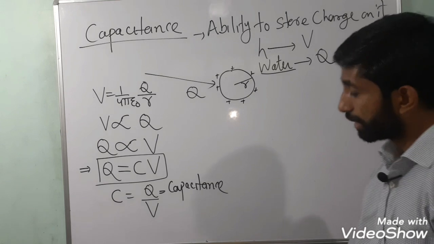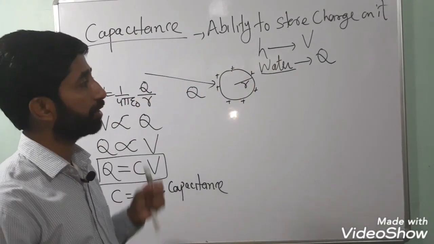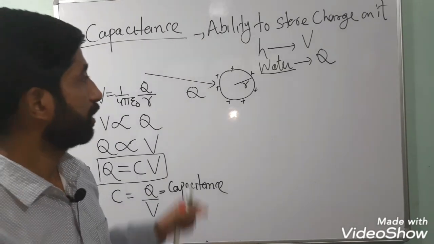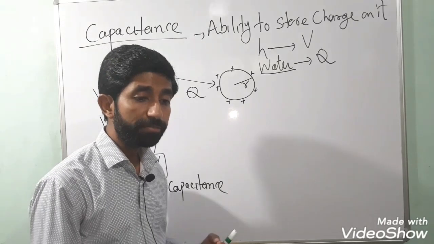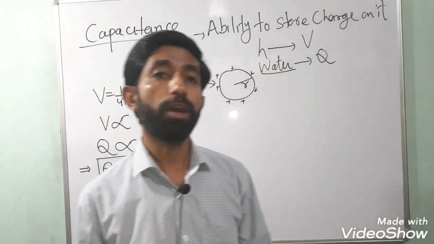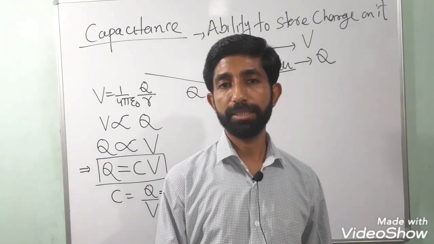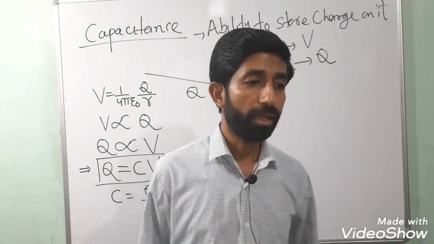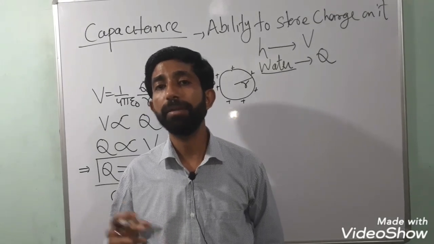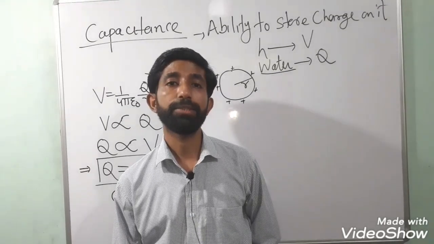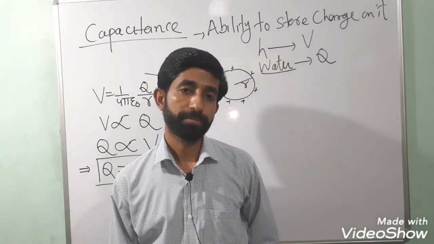In the same way, when you provide charge to any conductor, its potential increases, and after a certain time it stops storing further charge because it has now got filled completely. At that time its potential becomes so large that you cannot give more charge to it.